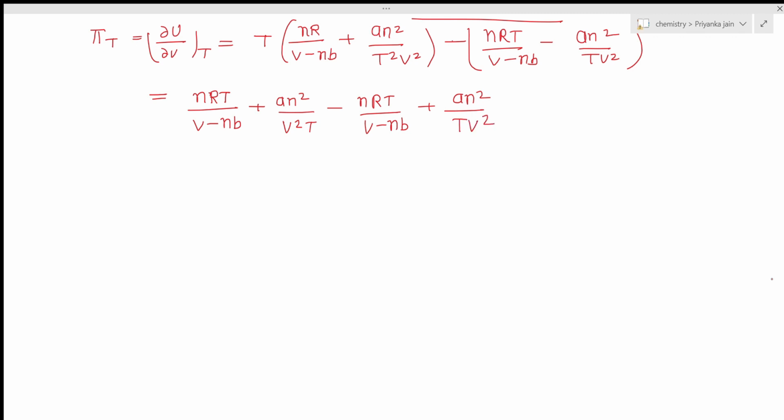So you can see here, this term and this term will cancel out, and you are getting 2 a n square upon T V square. So this will be your answer, 2 a n square upon T V square. This is your answer. Okay, now see the next question.